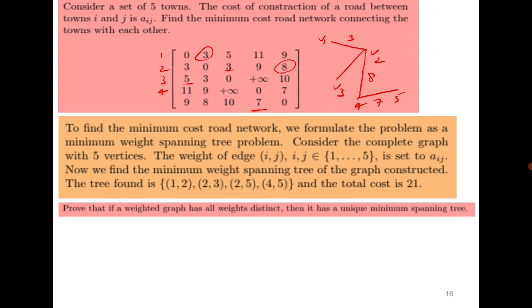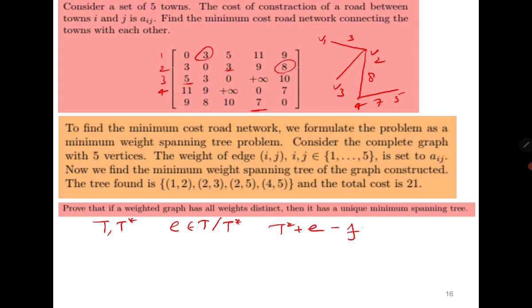But at the same time, if we do not use Kruskal's or Prim's algorithm, then we have to prove it theoretically. So we prove by contradiction, which says let T and T star be two minimum weight spanning trees. Among their edges, pick the edge with the minimum weight E, such that E belongs to T but E does not belong to T star. Then T star plus E forms a cycle.